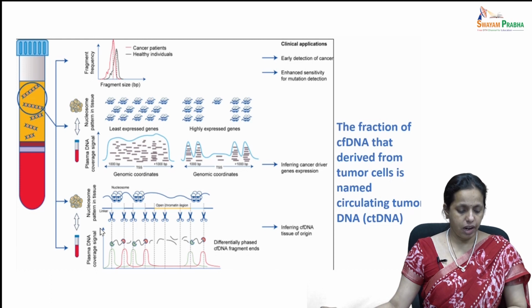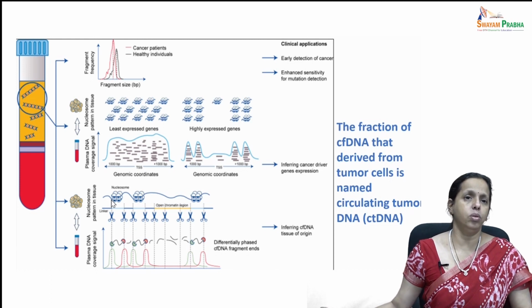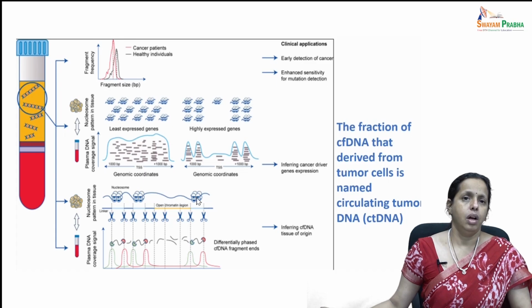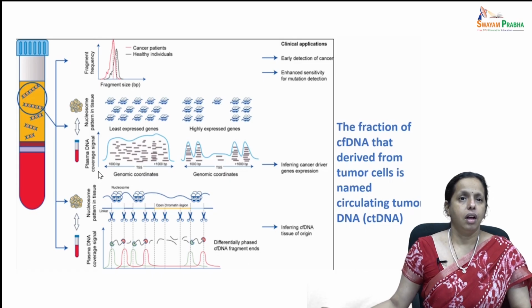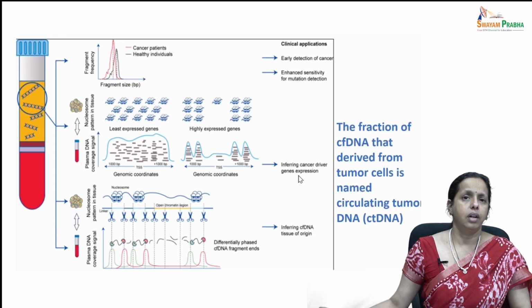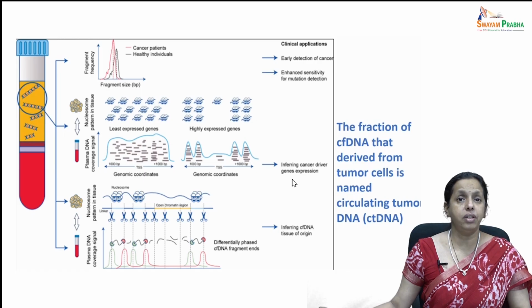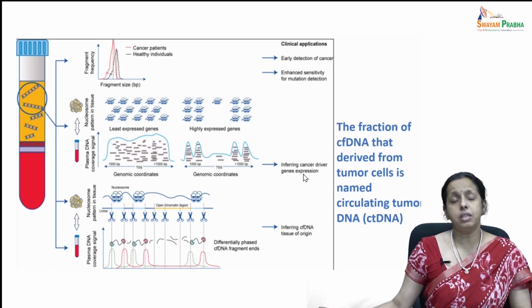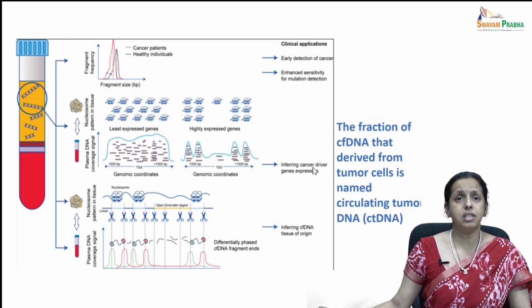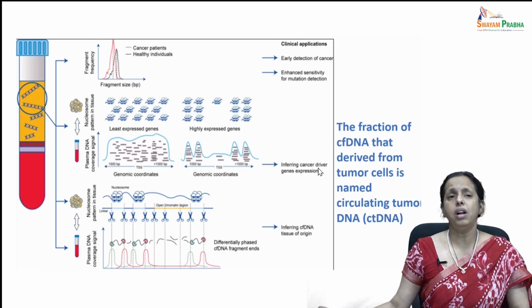So you have your plasma DNA, then you have your differentially phased ctDNA fragment ends. Then you can clearly go for cancer. You can clearly identify your cancer driver gene expression using this ctDNA, because it's the DNA originating from your tumor.